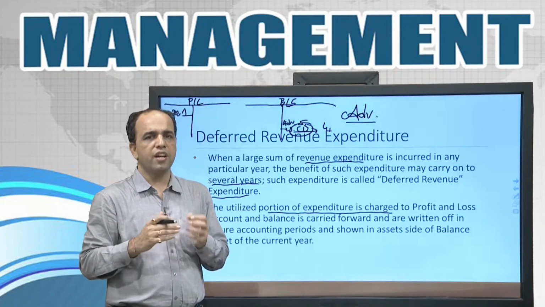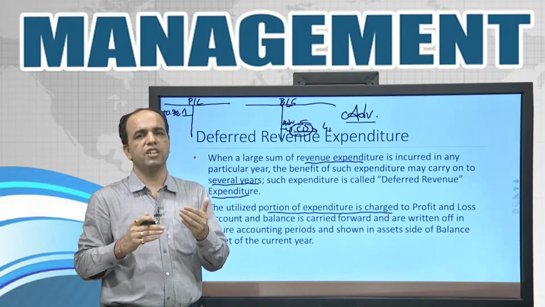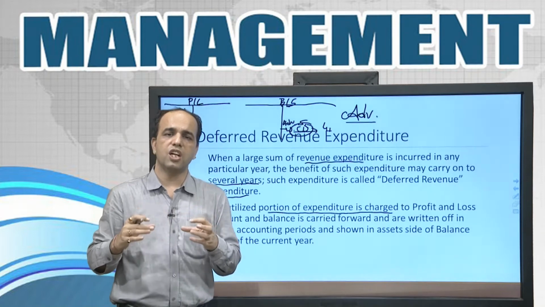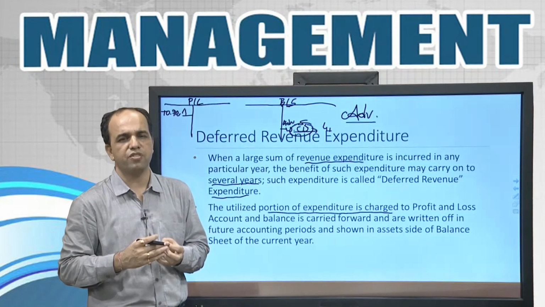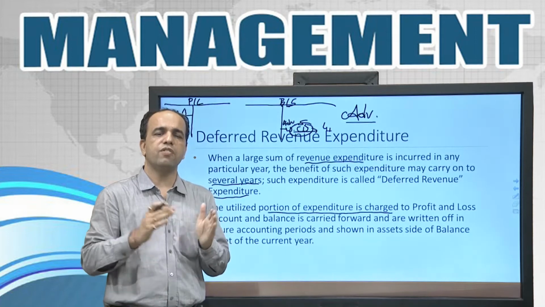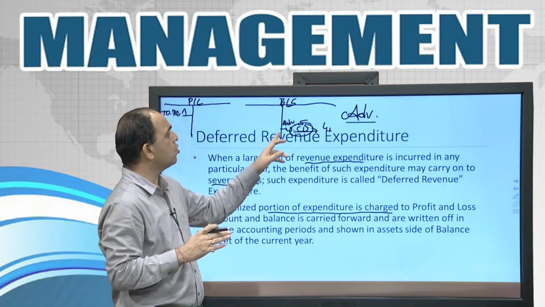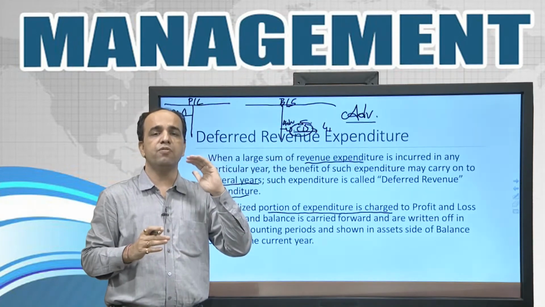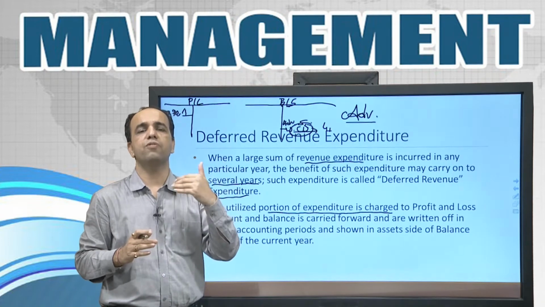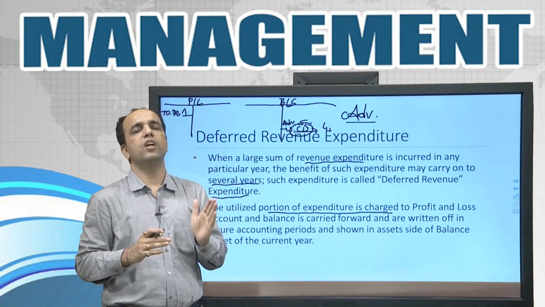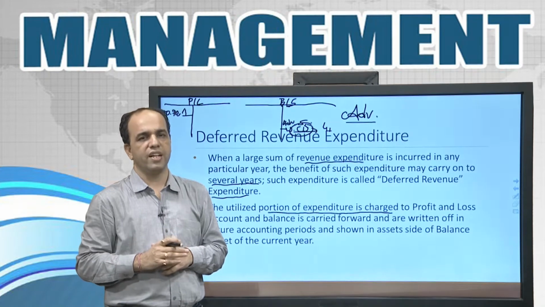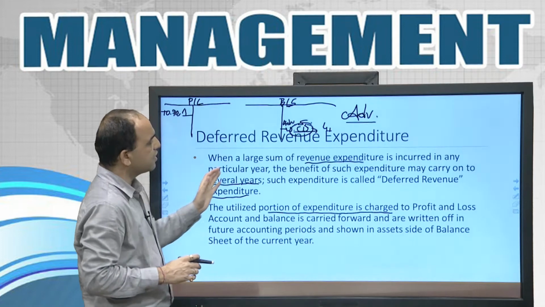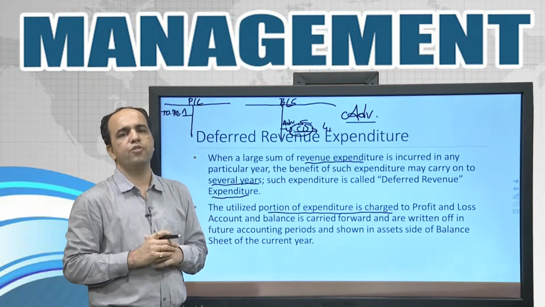In debentures, generally the redemption is after more than 1 year, 5 years, 10 years. So whatever discount is given at the time of issue of debentures would be written off over the given 5 years. So friends, in discount on debentures, suppose it is 5 lakh, it would be written here, and if we redeem debentures after 5 years, every year we have to write off rupees 1 lakh. So the remaining 4 lakh would be written under the balance sheet. So friends, these are the basic examples of deferred revenue expenditure.